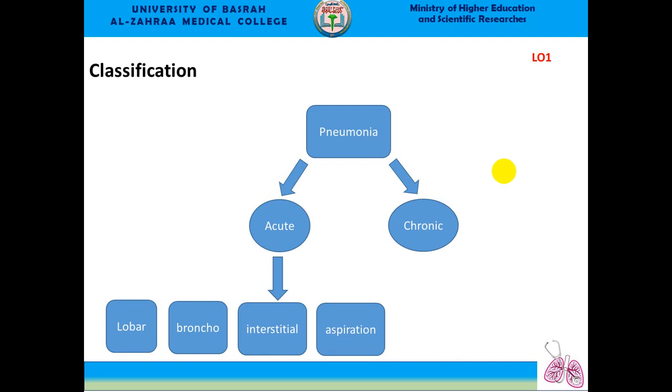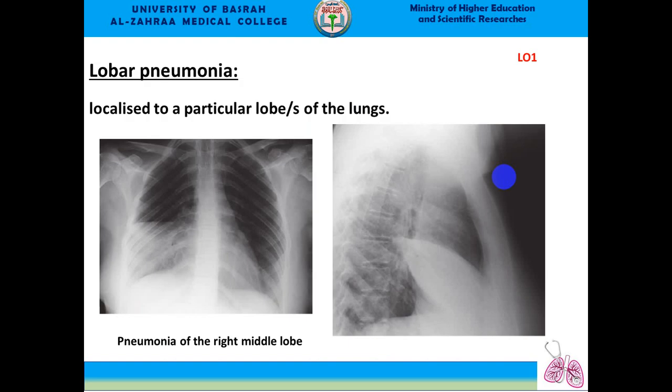And acute pneumonia is further classified into either lobar, bronchopneumonia, interstitial pneumonia, or aspiration pneumonia. Okay? So let's start with the most common type, which is lobar pneumonia.